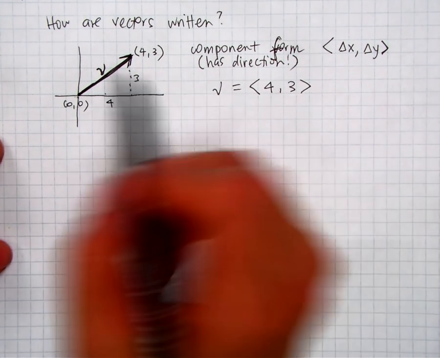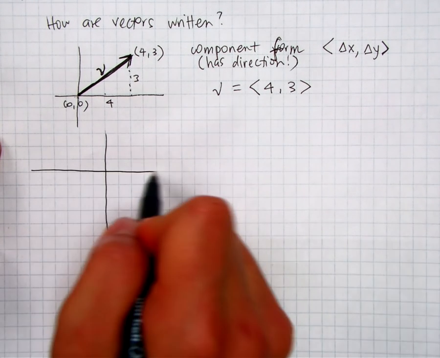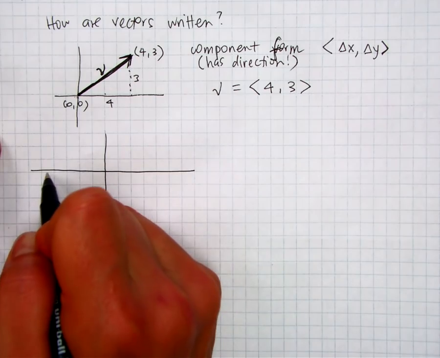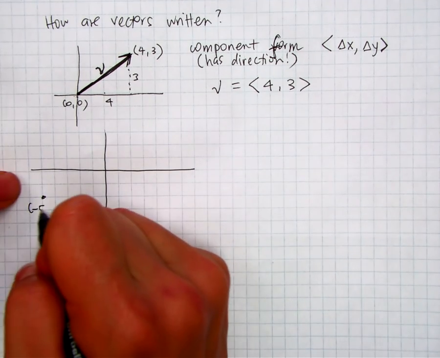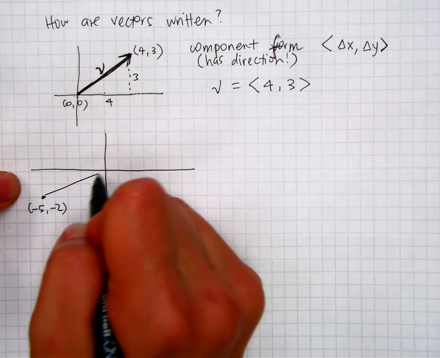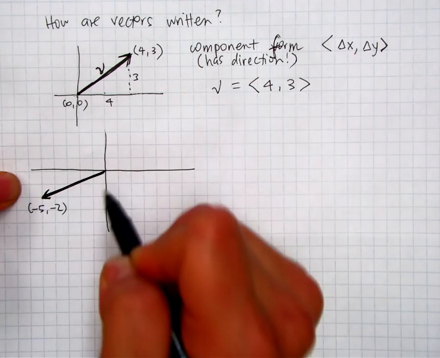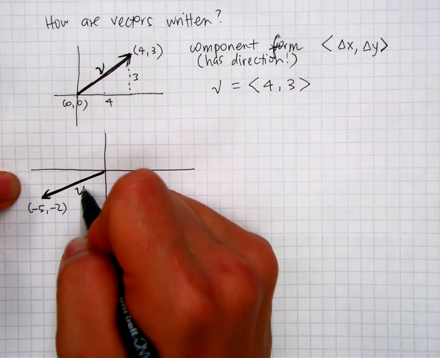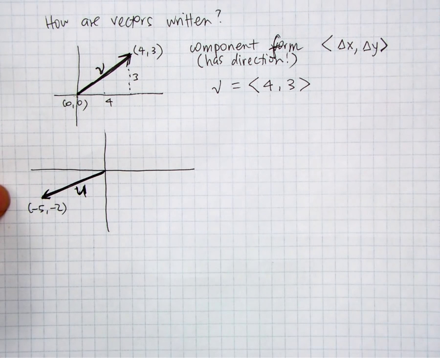So now what does it mean if I go a different direction? What does it mean by direction? Let's say I went -5, -2. I'm going to call this vector u, another popular letter to represent vectors.